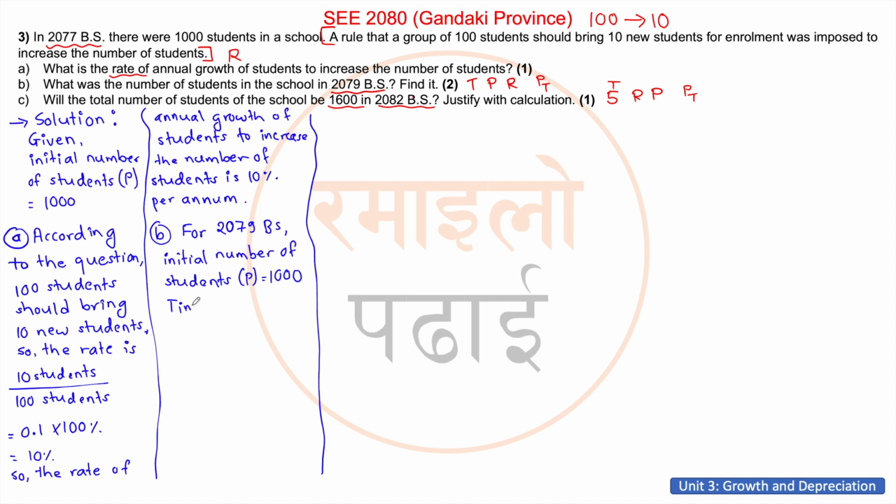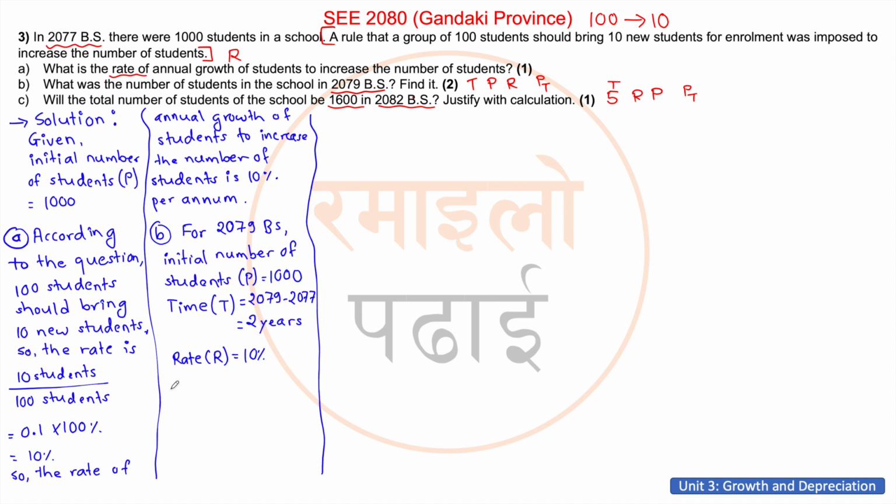Time T equals the present year, 2079, minus the year where there was the initial number of students of 1000, that is 2077. So we need to subtract the past year from the recent year, and that gives us 2 years. We have P, we have T, now we have the rate. R equals 10%.